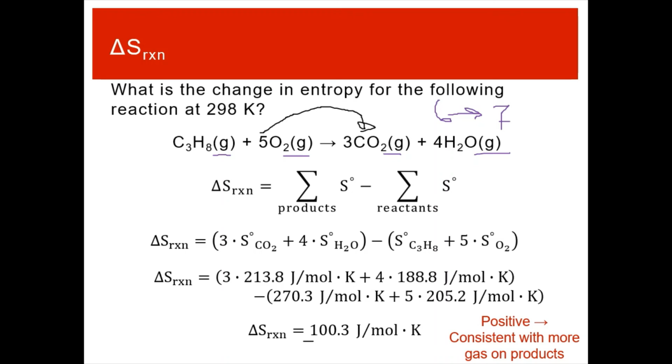So that'd be more disorder. That's consistent with the idea of having more disorder, so more gas on the products means I would expect a positive entropy change. So this all checks out. If I had gotten a negative number here, I would know that it was wrong. I can't look at 100.3 and know if that's right, but I can figure out if something's wrong.